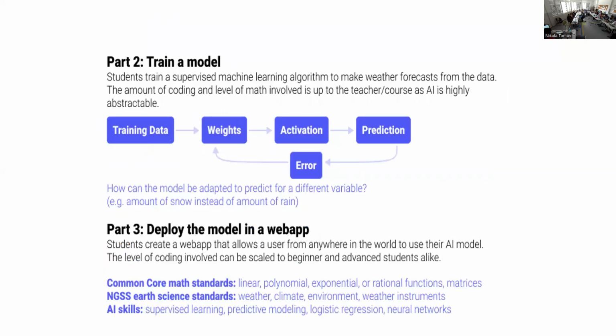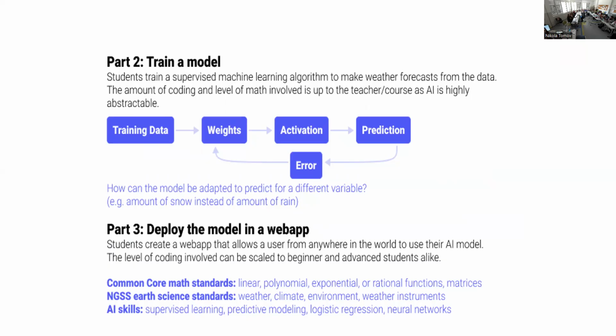They can also pass on to the next part, the training part. As we said before, if you remember, in the neural networks, we had some training data, we had some weights, some activation to predict. And if you had errors, you had to go back to the process and do the same thing again to get an optimum algorithm.